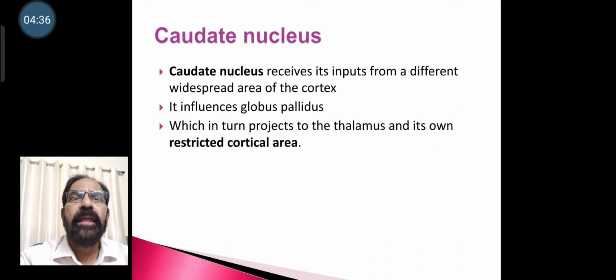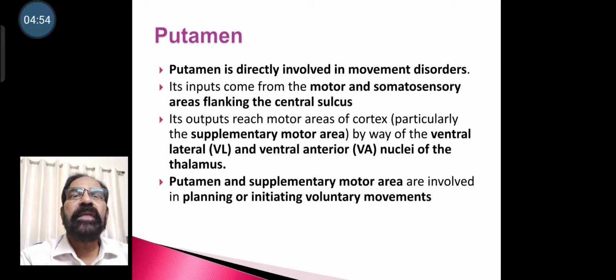Caudate nucleus receives its input from different widespread areas of the cortex. It influences globus pallidus, which in turn projects to the thalamus and its own restricted cortical area. Putamen is directly involved in the movement disorders.